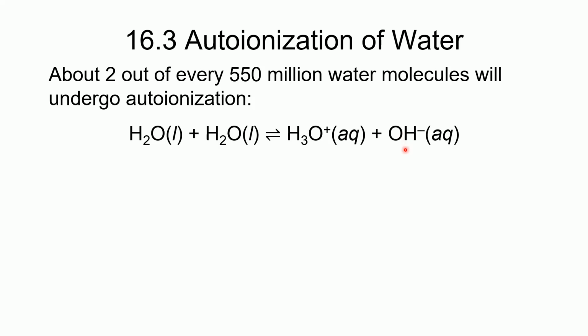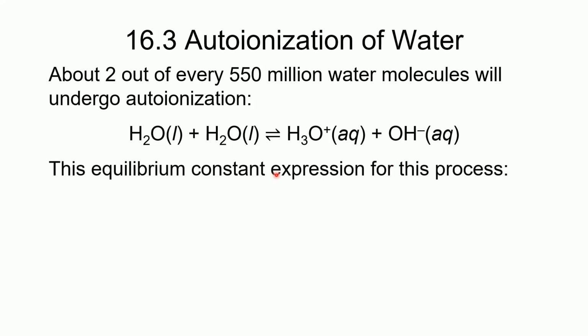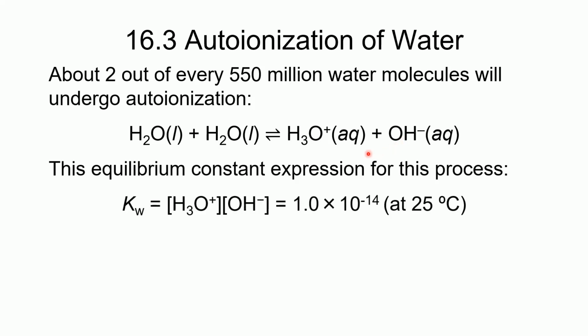Now, I will qualify this and mention that temperature is important. The equilibrium constant expression for this is going to be the concentration of hydronium times the concentration of hydroxide. The reason we don't have water is because water is the solvent, so we don't put that into the expression.